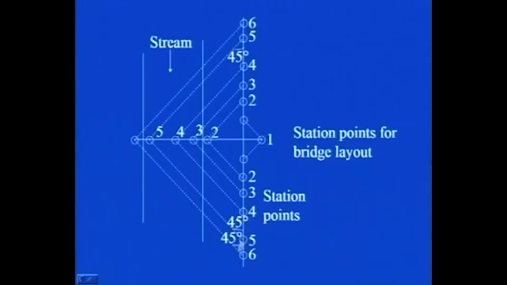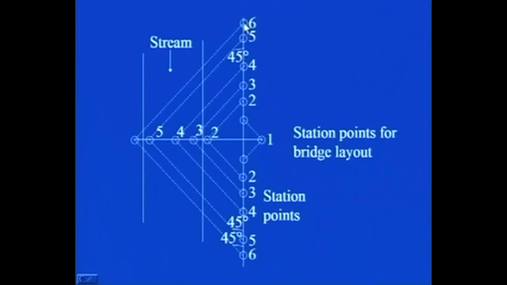Now, let us say that this line of collimation is making an angle of 45 with this line which is joining the station points. I know this station point and this station point, they have already been located. So, you can use a theodolite and make an angle which is predefined. Let us say here in this case, as it is showing in this figure, it is 45.